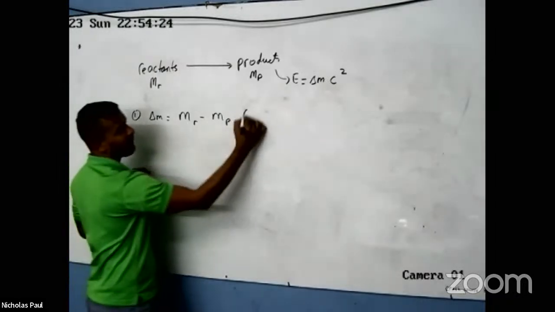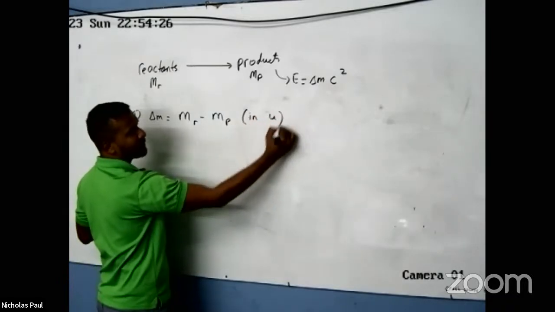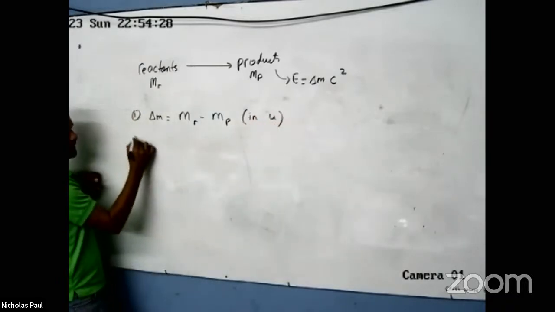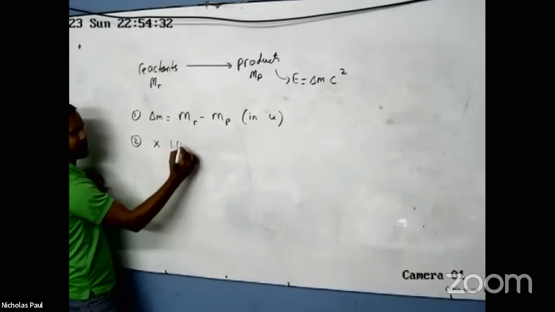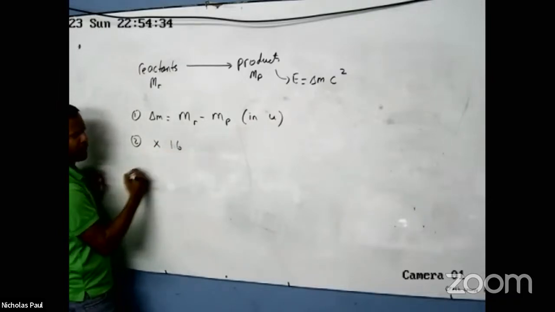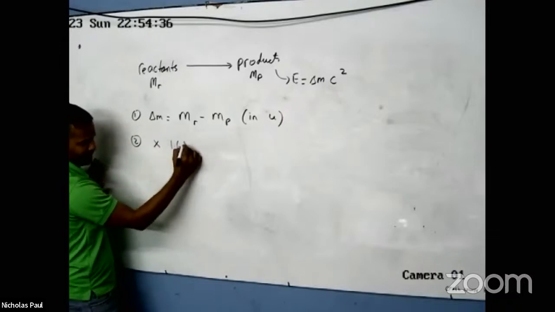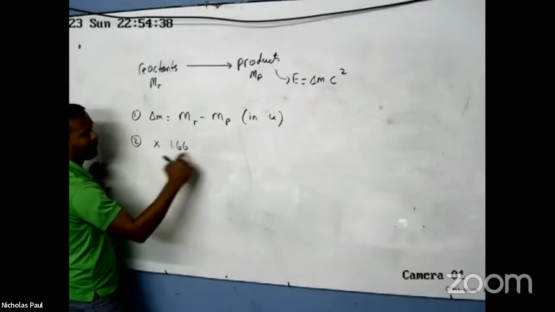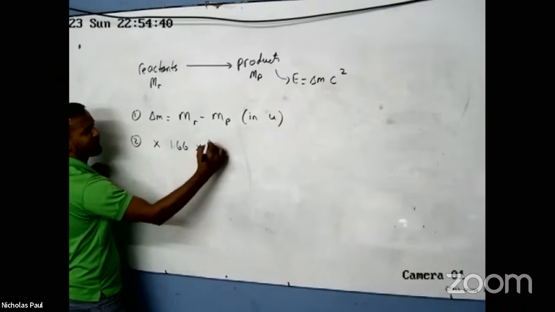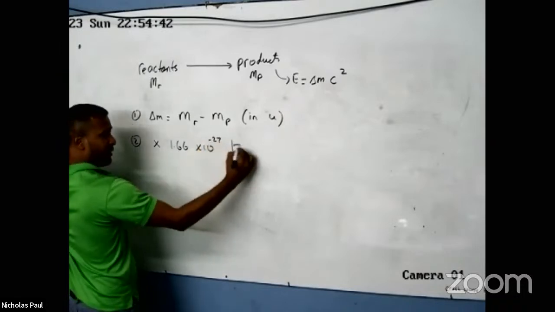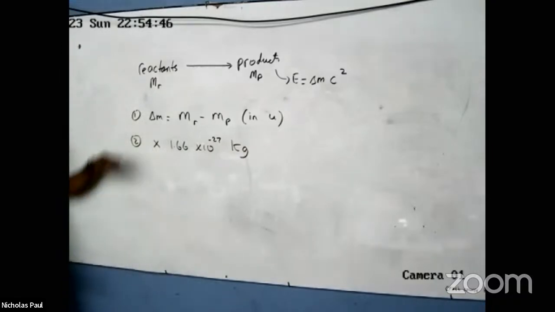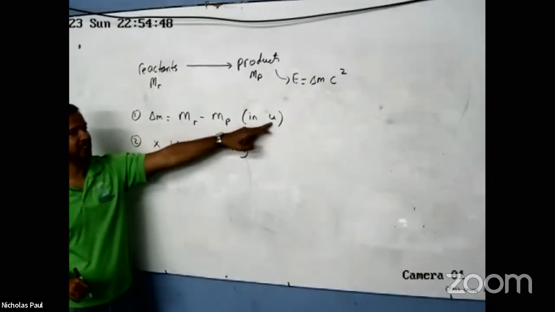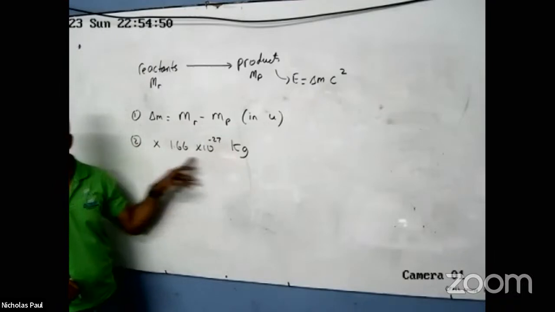So if this value is in u, second step, you have to multiply by 1.66 by 10 to the minus 27 to get the value in kilograms. That's okay? So step one, work it out, you get it in u, convert to kilograms by doing this.